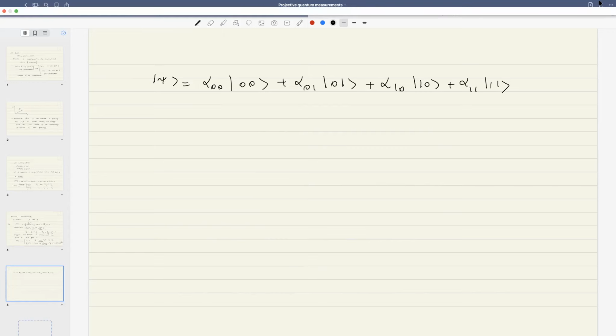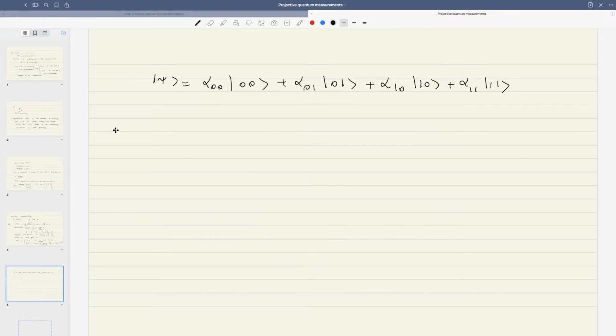Then if I want to see what happens to the state after the measurement, well, suppose psi A is 0, then I have to get rid of these 2, right? Because then these are the states that give a finite probability for finding sigma A to be 1. The first qubit has a 1 in that superposition.